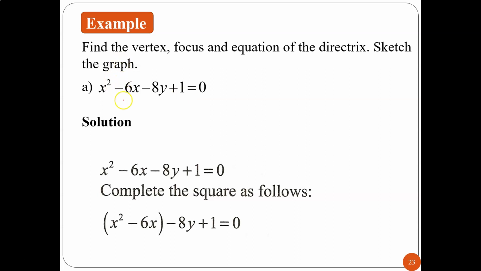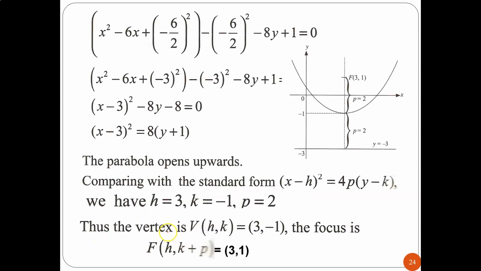So what you're going to do next is perform completing the square. So you have x squared minus 6x minus 8y plus 1 equal to 0. By completing the square, you take the x terms and group them in one bracket. The ones with y we leave for later.